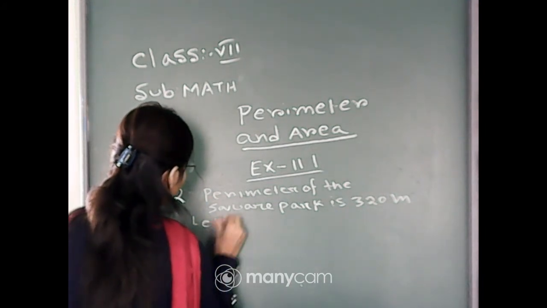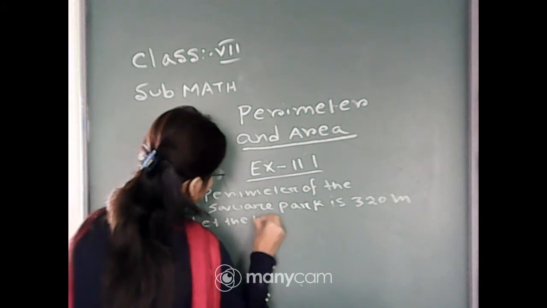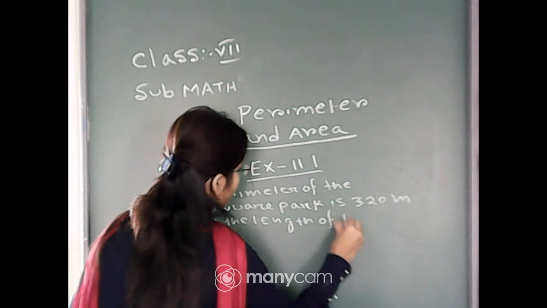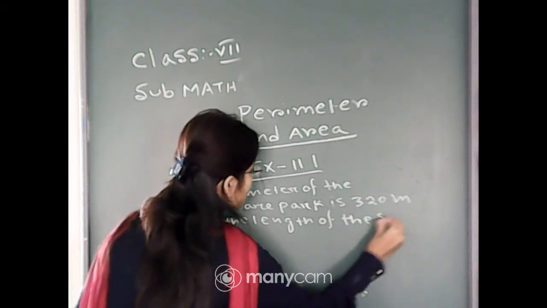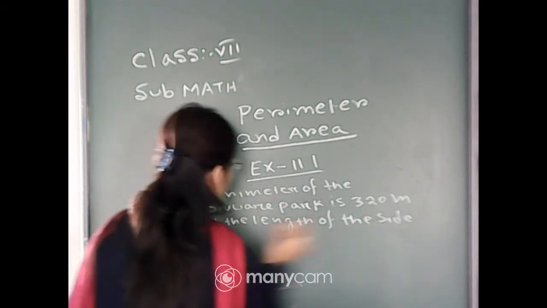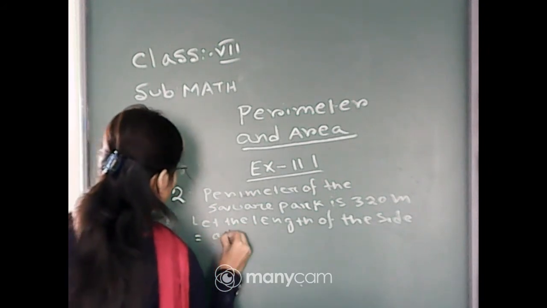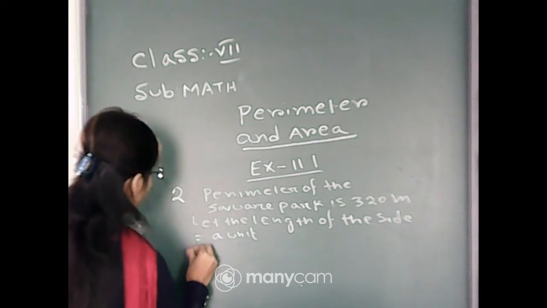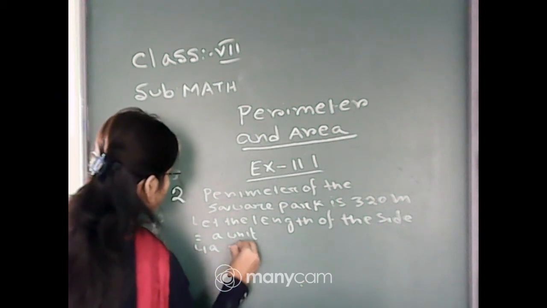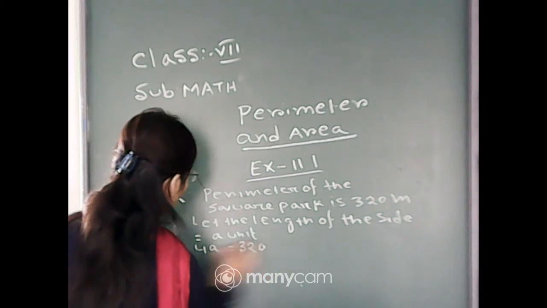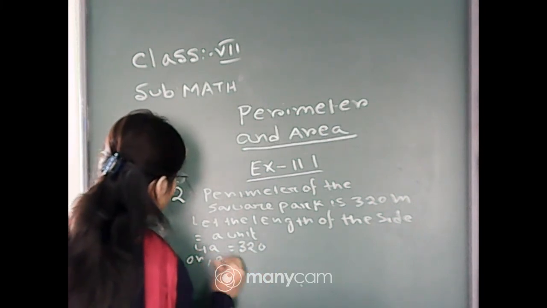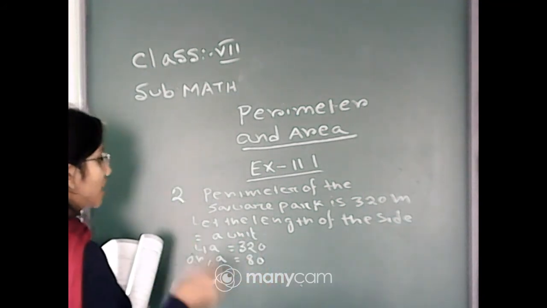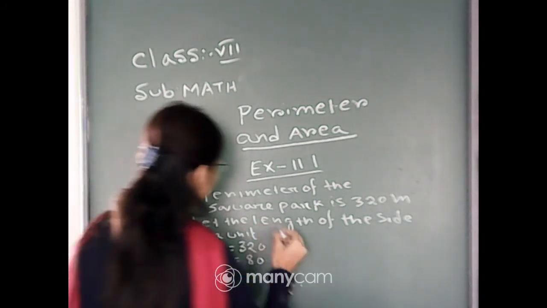By the given condition, 4a is equal to 320, or a is equal to 80. Therefore, the length of the side of the square is 80 meter.